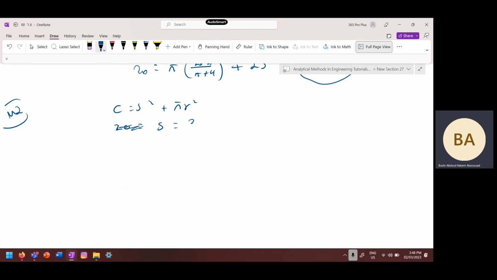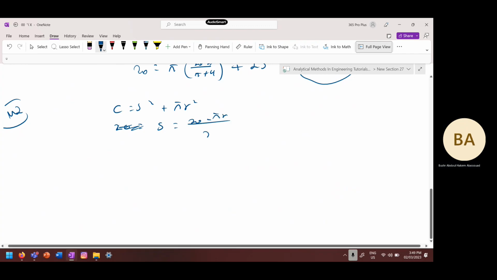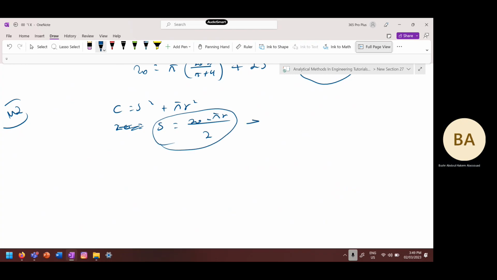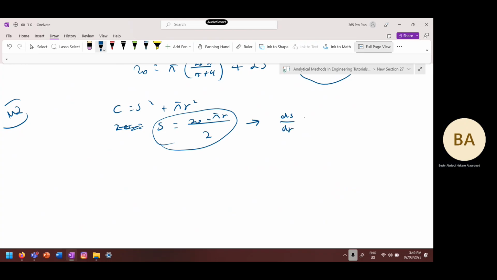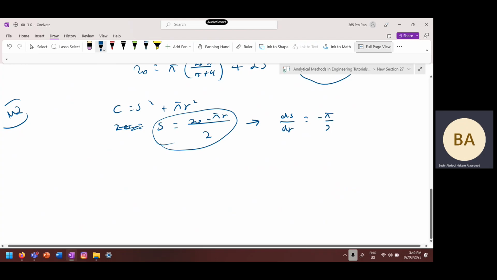It's fine, you can use any one of them. s equals 20 minus pi r over 2. Okay, now we need to find the derivative of this. The derivative ds dr is equal to negative pi over 2.